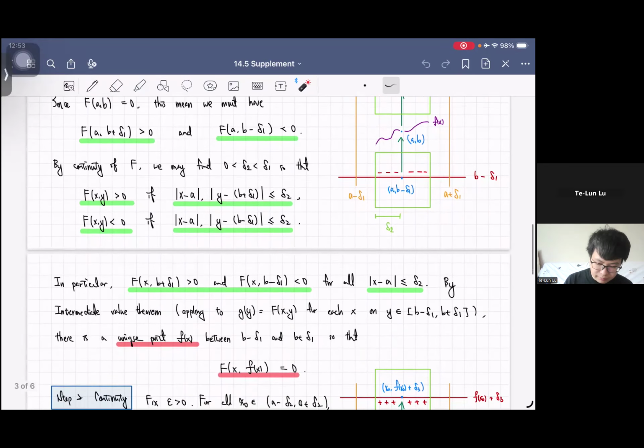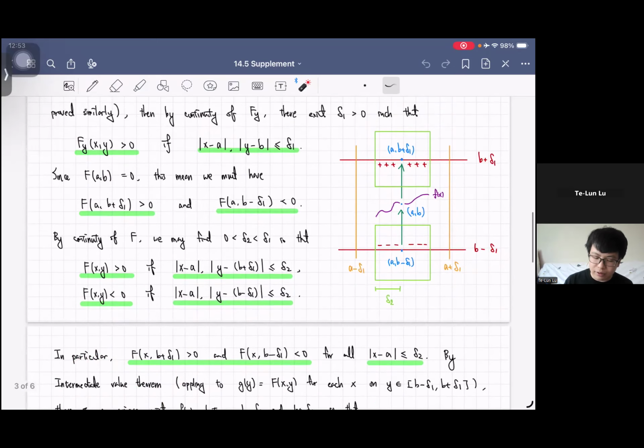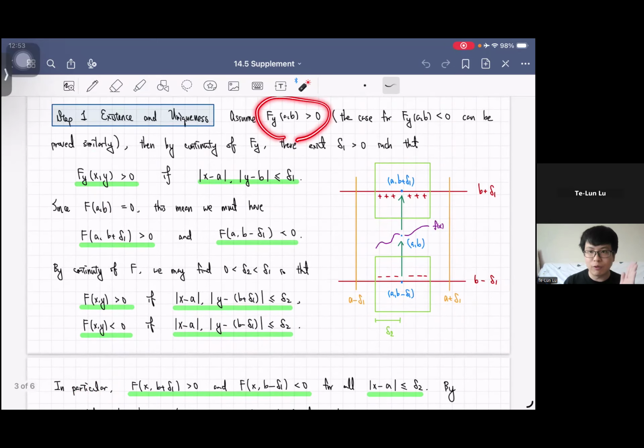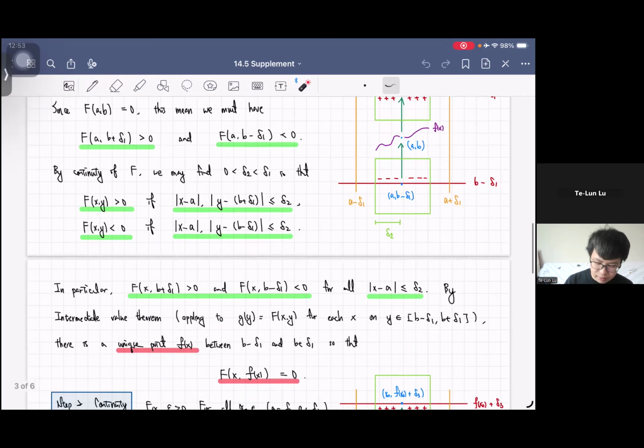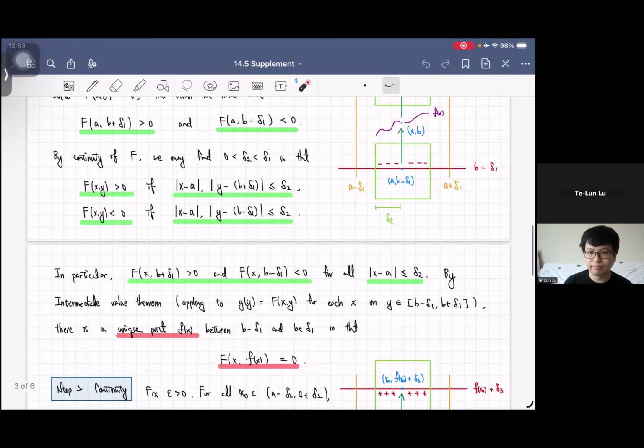So that ensures uniqueness. Let me go back: the intermediate value theorem ensures existence, and the fact that you're strictly increasing in y tells you that you have uniqueness. So then we have constructed such f(x), which is this purple curve here, and it satisfies f(x, f(x)) equal to 0.